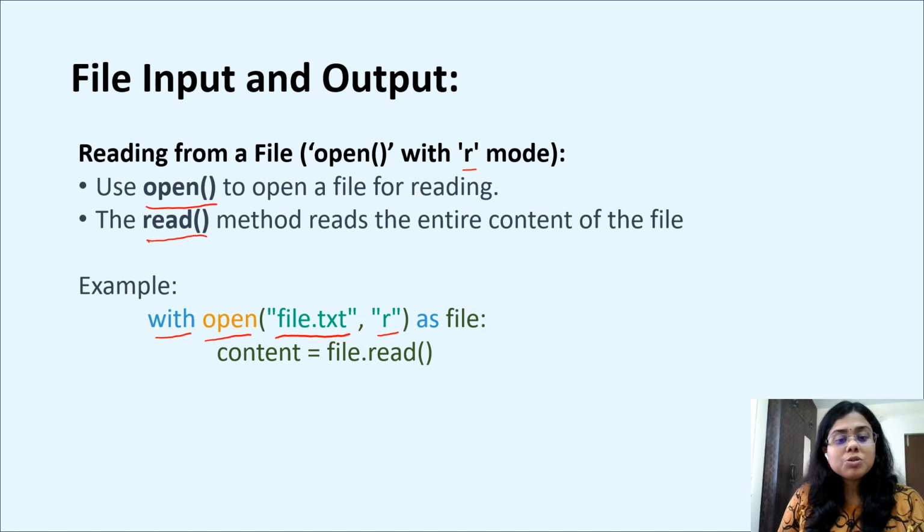We will be able to see what is there in the file as file, and then we provide all the data in the file.txt in the read mode into the variable content. File.read reads the whole file, the file.txt, and it stores it in the variable content.